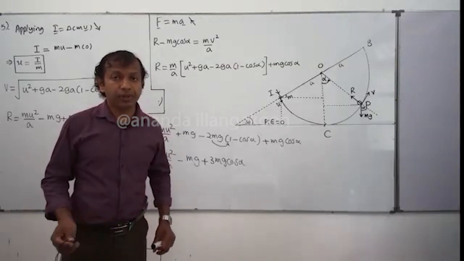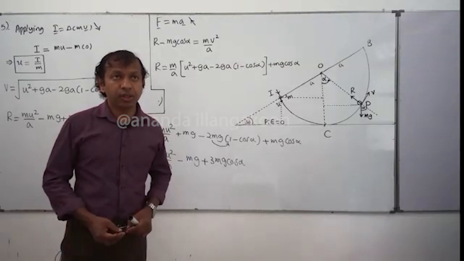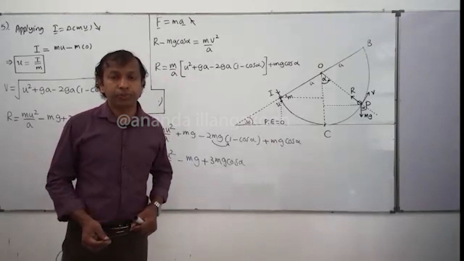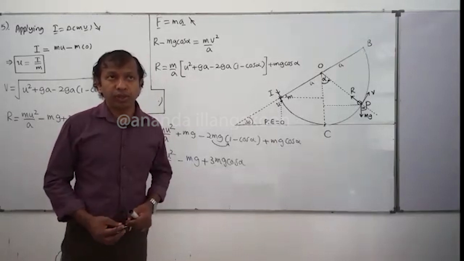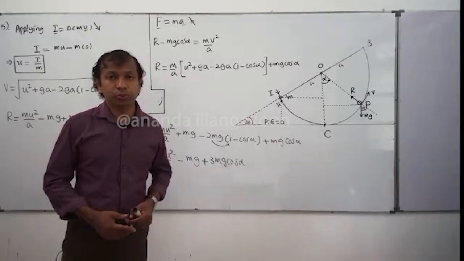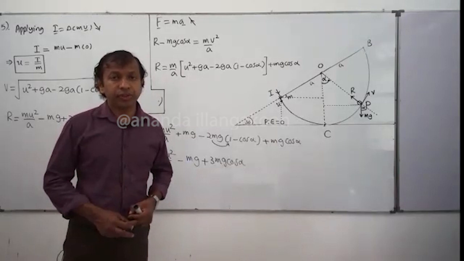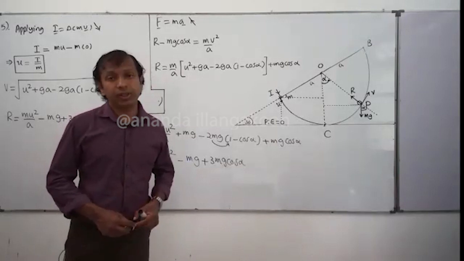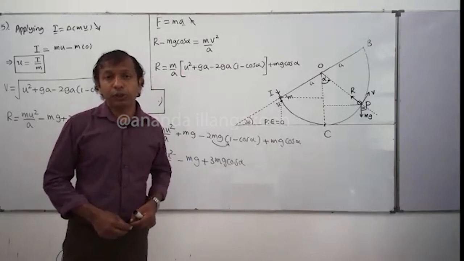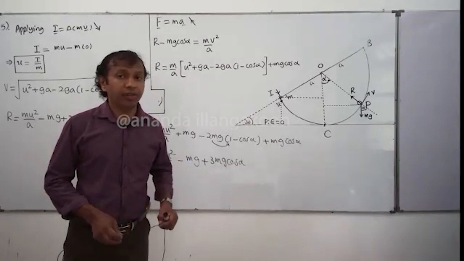No obstacle, because in this case the particle is not moving in a tube. When the particle moves in a tube only, it can't move outside the tube. In this case, if needed, the particle can leave the surface of the ball and begin to move under gravity as a projectile motion.